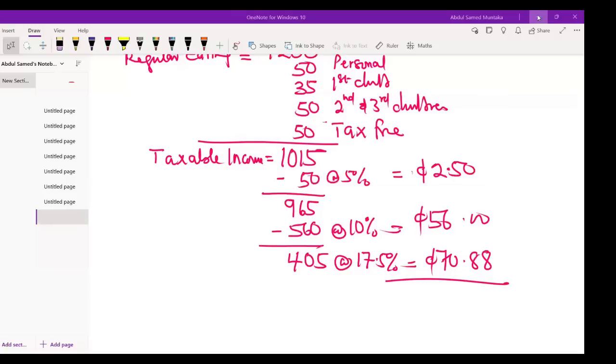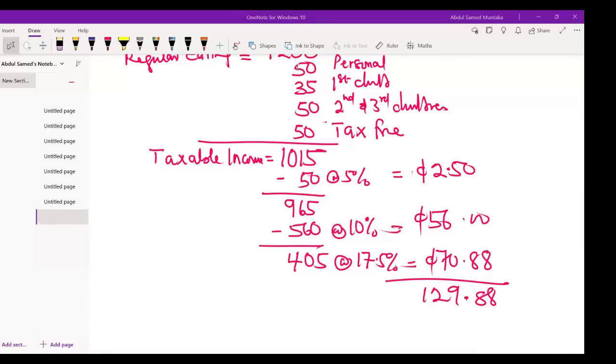So now that we have finished, we are going to add the taxes and what will we get? 129.88. Okay, thank you. This is regular tax.